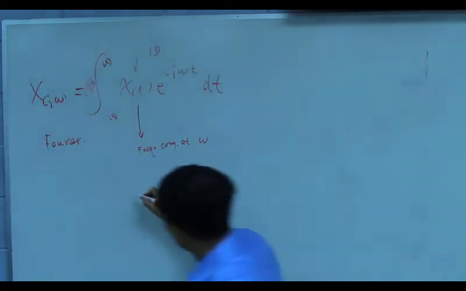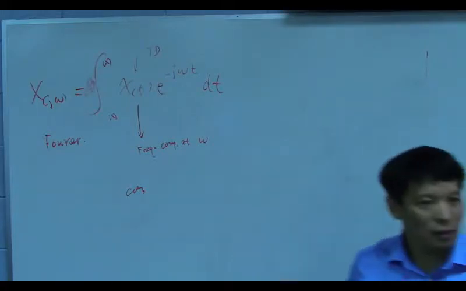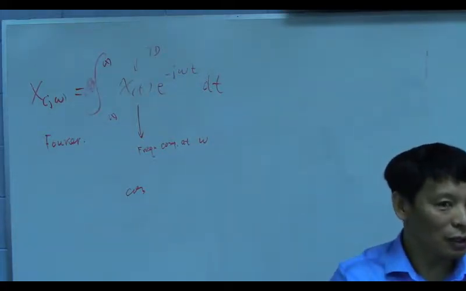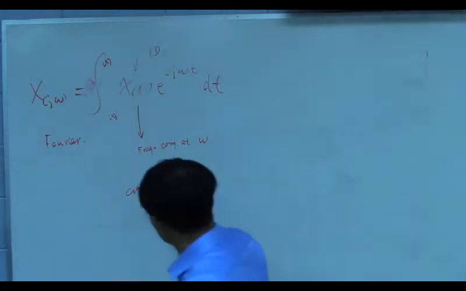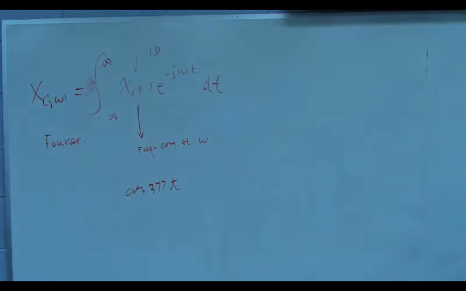That means, for example, if you have a cosine, what's this signal here? The angular frequency equals what? 377, right? So this one, 377 t. This is the power line here.